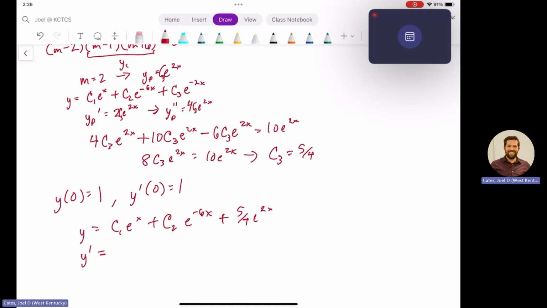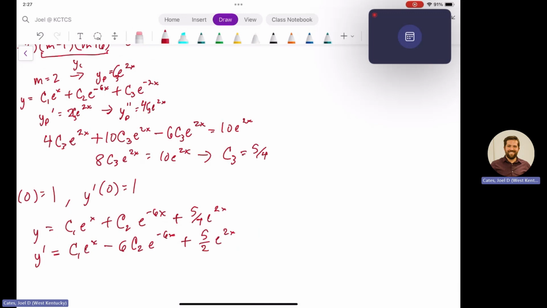Y prime is equal to c sub 1 e to the x minus 6 c sub 2 e to the minus 6x plus 5/2 of e to the 2x. Okay, let's work with these two.